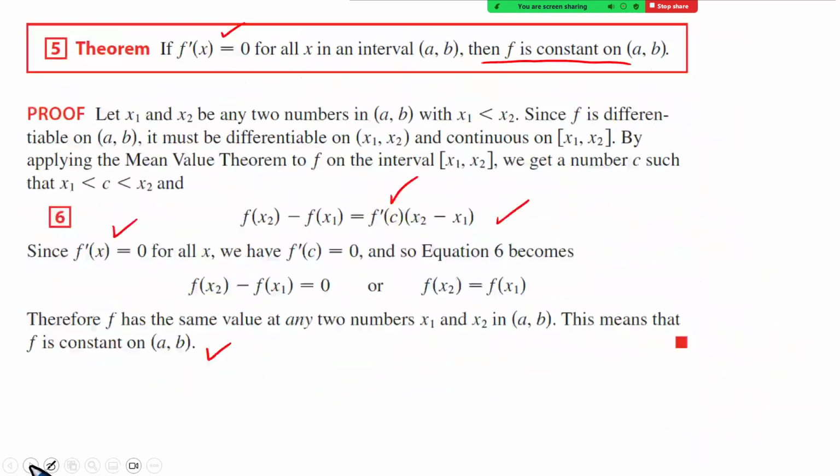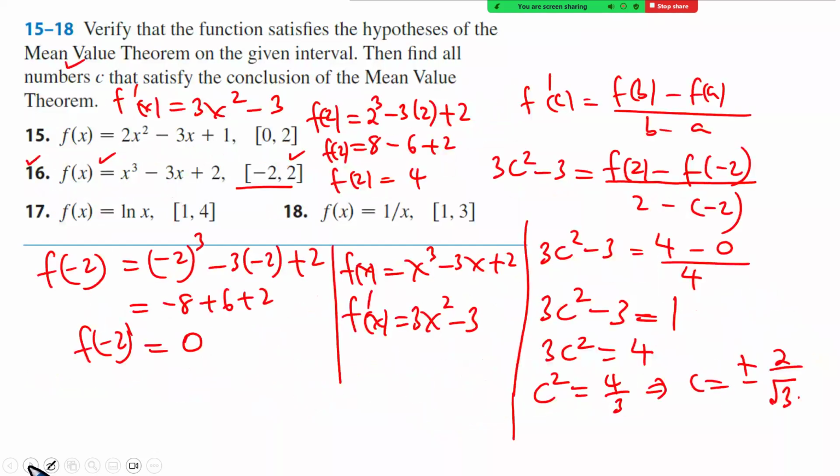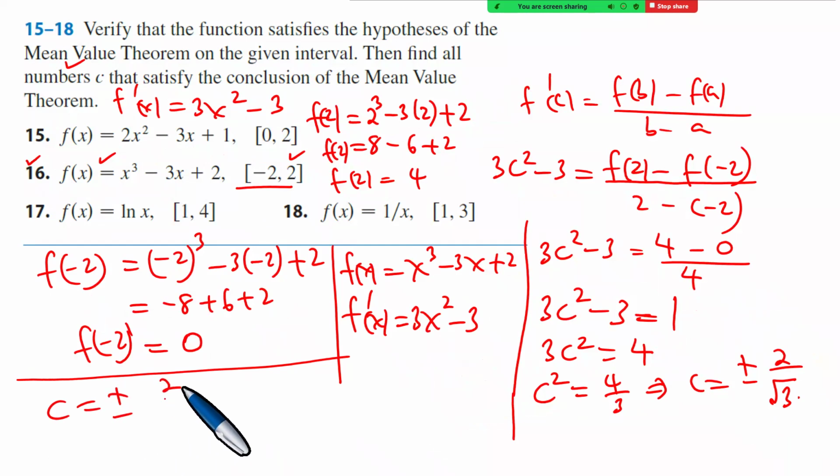I'm just discussing this because we shall be looking at curve sketching very shortly. As a consequence, right now we need to check if these numbers lie in this interval. To investigate that, we can see that C is plus or minus 2 divided by the square root of 3.